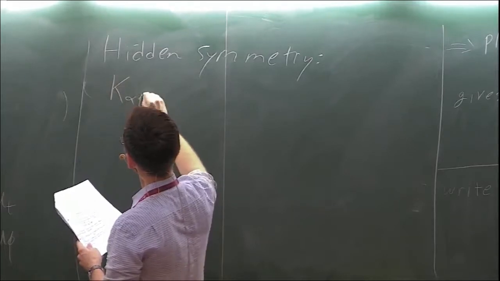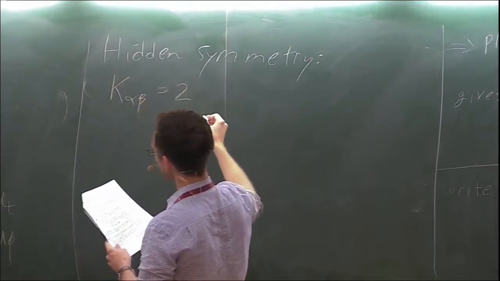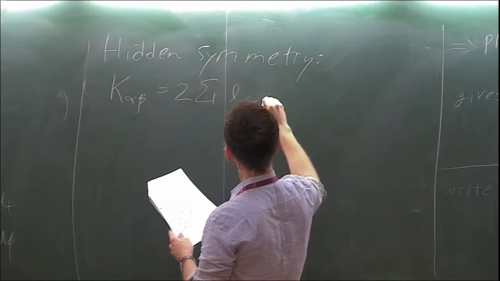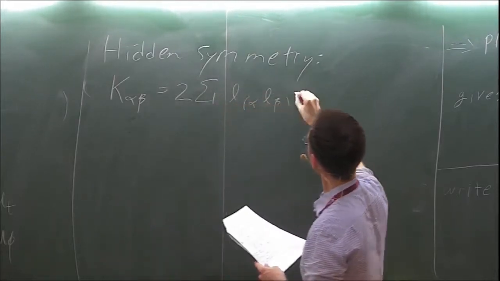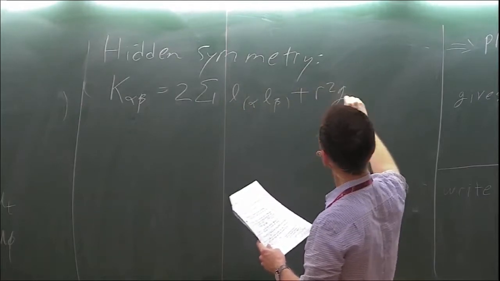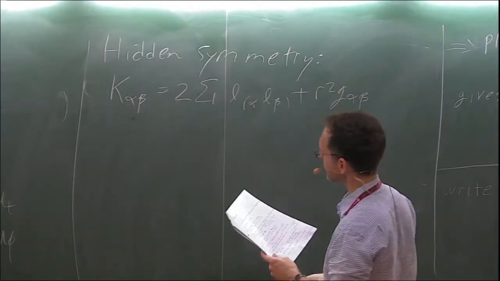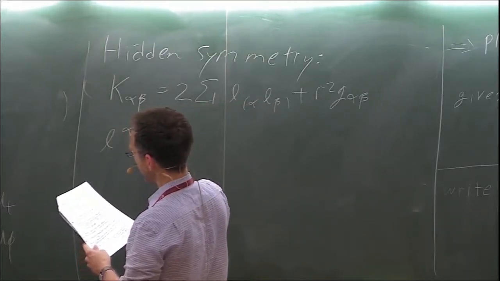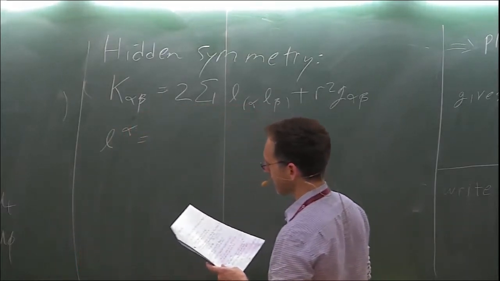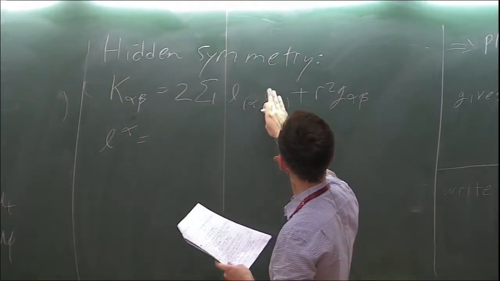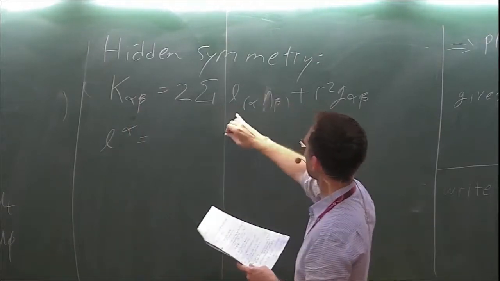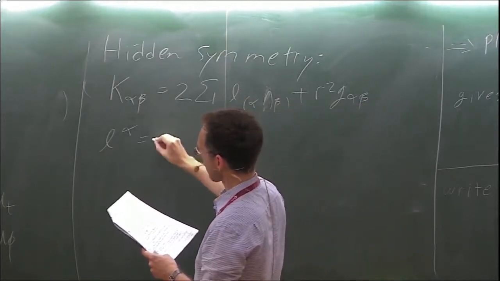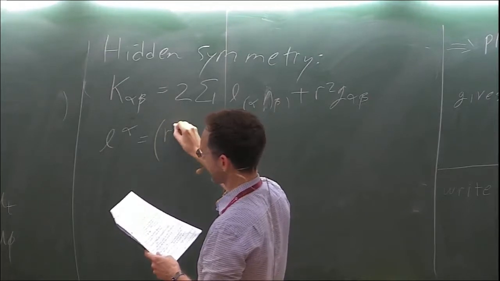So I'll write K_alpha beta is 2 Sigma l_(alpha n_beta) plus r squared g_alpha beta, where l^alpha is an outgoing principal null vector.